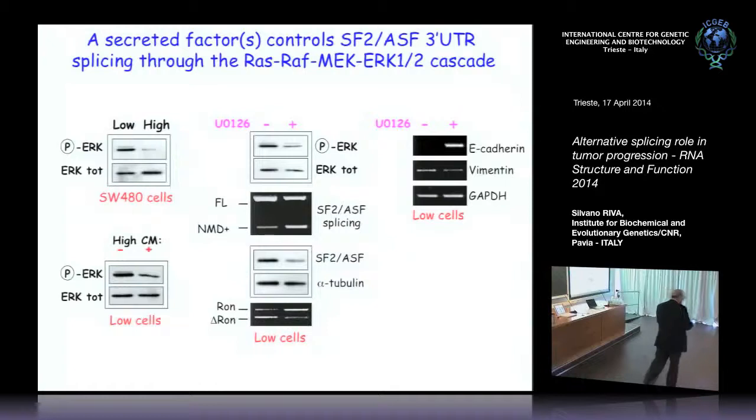So low density cells resemble the mesenchymal cells, and it is not phosphorylated in high density cells. And this has the effects that they have already illustrated. So that is the trick.